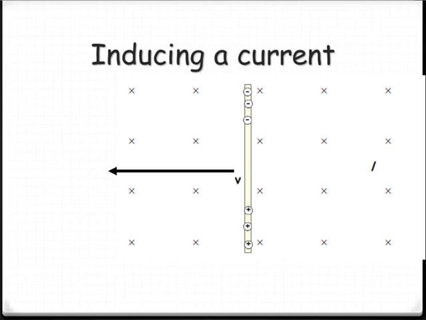So what factors would affect the size of the current that we're going to induce? Obviously, as it was with motors, the size of your magnetic field plays a massive part, and the length of rod or wire that you've got within that magnetic field, and obviously how fast it's moving.